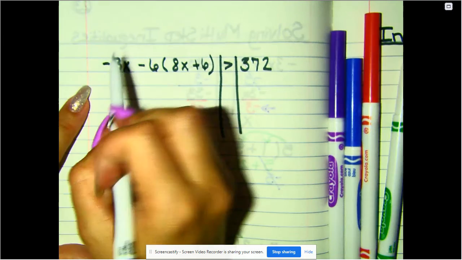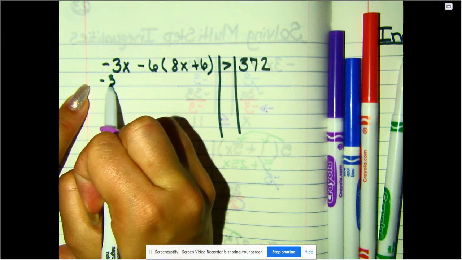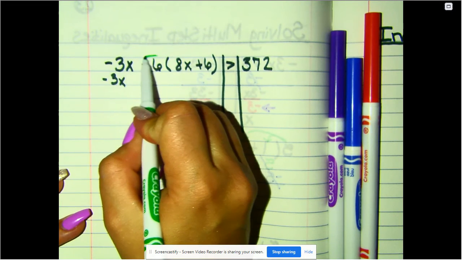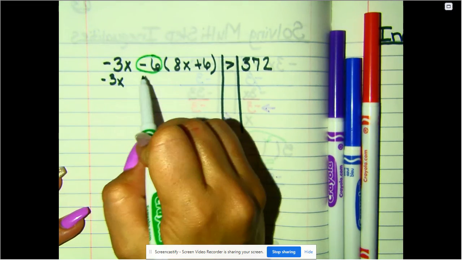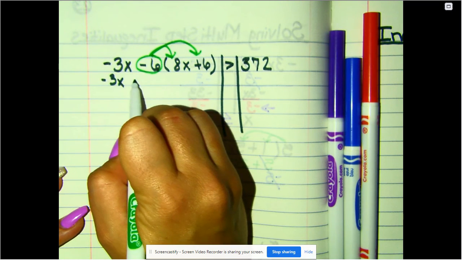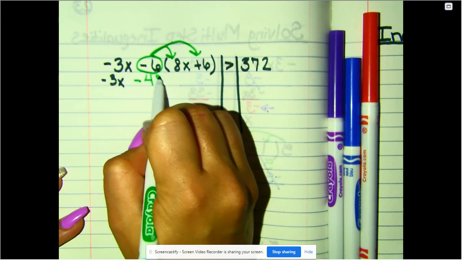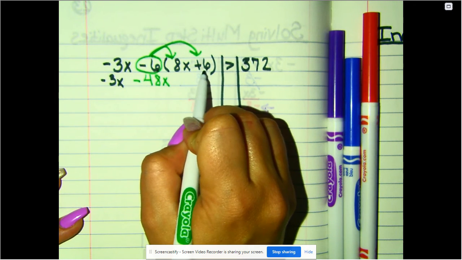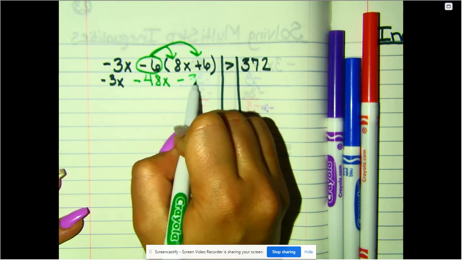Same concept as before, I'm going to leave my negative 3x alone because I need to first distribute this negative 6 through my parentheses. That sign must come with it. So negative 6 times 8x is negative 48x, and negative 6 times a positive 6 would be negative 36.